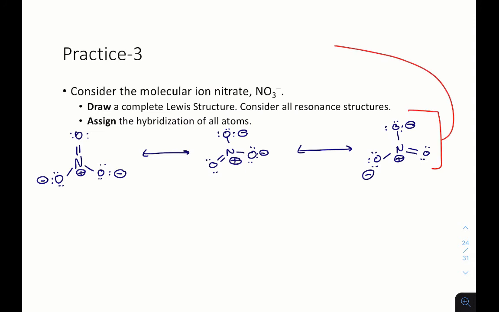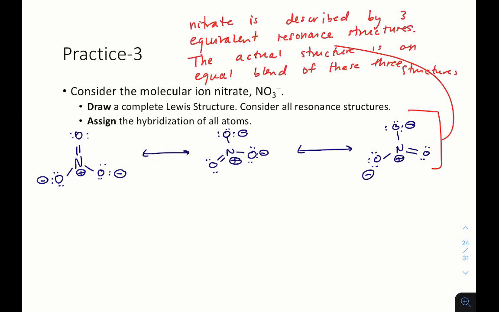Nitrate is described by three equivalent resonance structures. The actual electronic structure of nitrate is a composite. It is an equal blend of these three structures. We can recognize that nitrate can be described by resonance structures because we see the pattern of a lone pair adjacent to a pi bond.